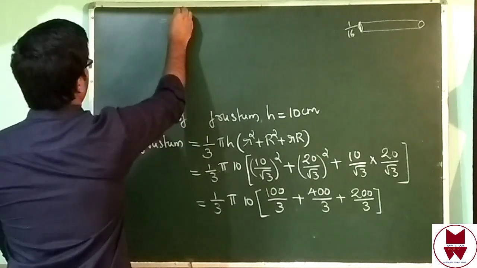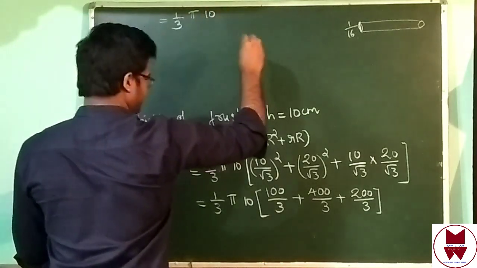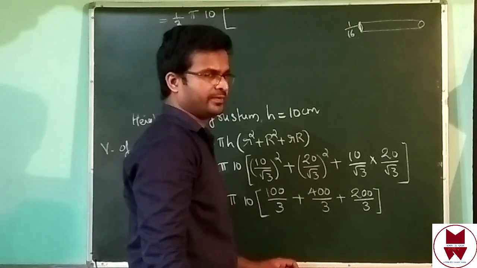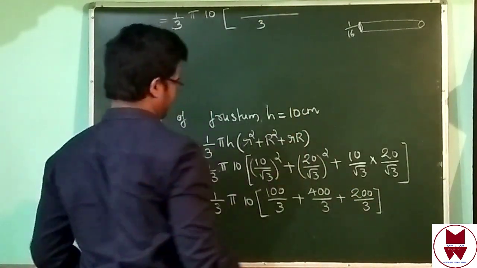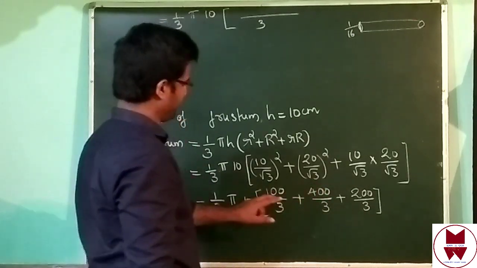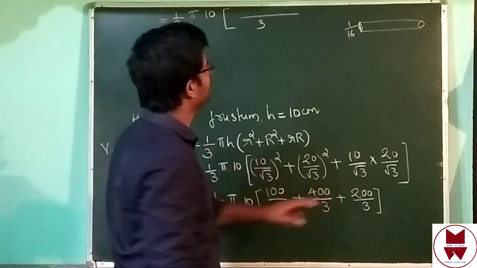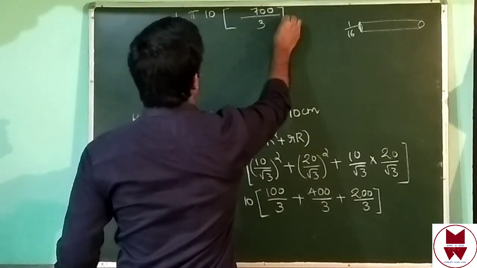Now we can write 1 by 3 pi 10 into, take LCM. What is LCM? LCM will be 3. Then upside, no difference. 100 plus 400, 500. 500 plus 200, 700. Directly we can write 700.